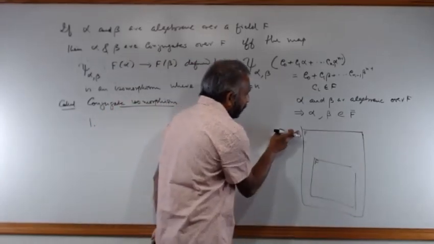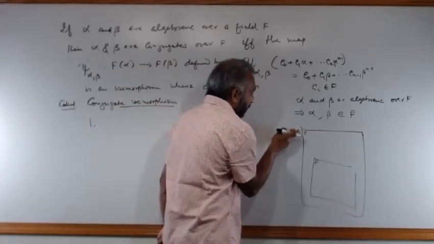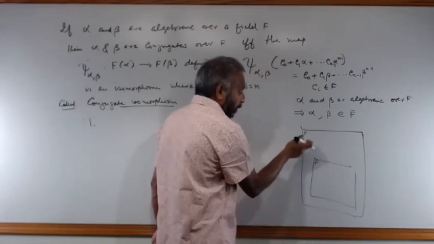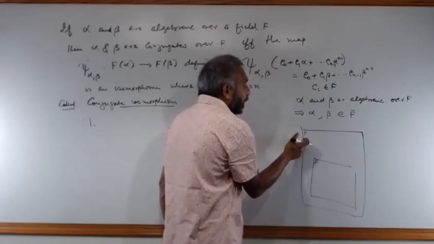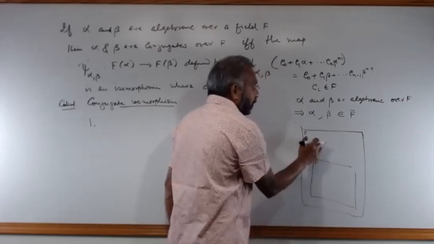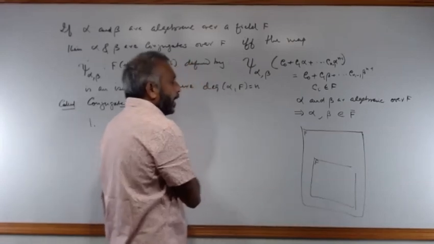F closure contains all the elements that are algebraic over F. It's algebraically closed, or in other words, any polynomial over F[x] has a zero in F closure.